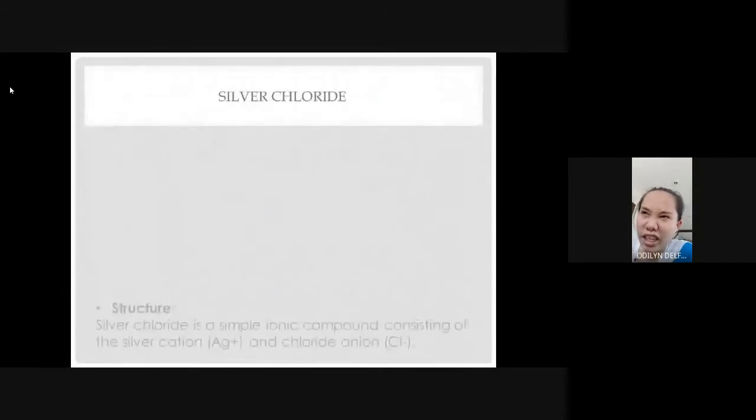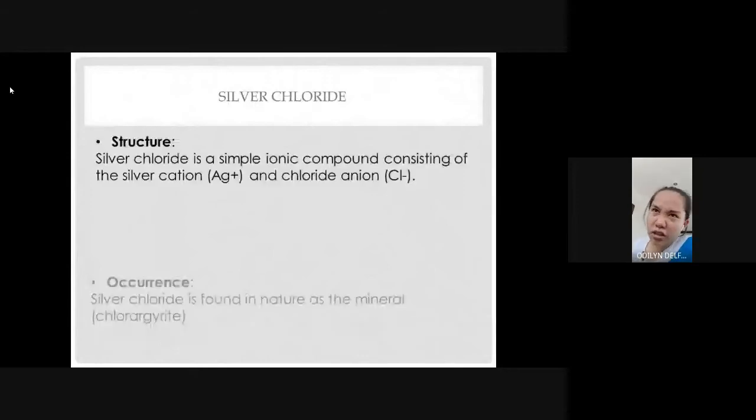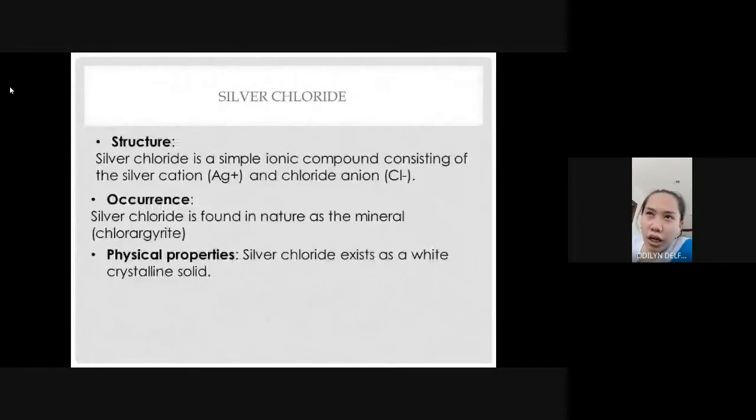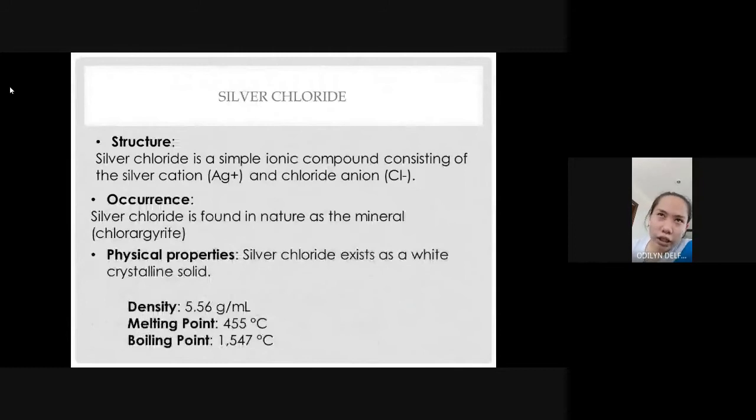Next, silver chloride is a photosensitive material which reacts naturally when exposed to light. Its structure is a simple ionic compound consisting of a silver cation, Ag positive, and a chloride anion, Cl negative.